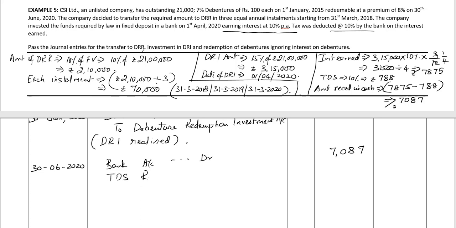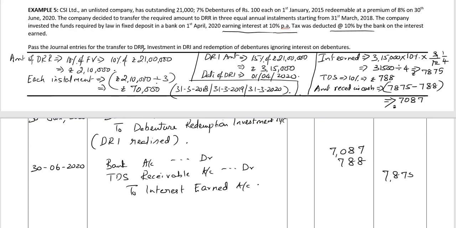TDS receivable account, it's an asset, 788 rupees to interest earned account. Total interest earned 7,875 rupees. For interest earned.